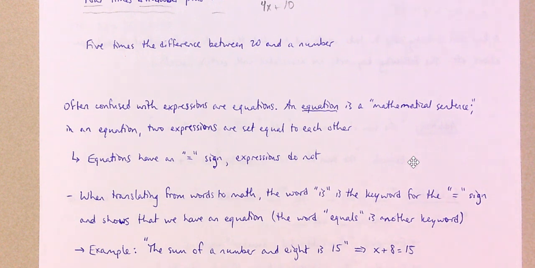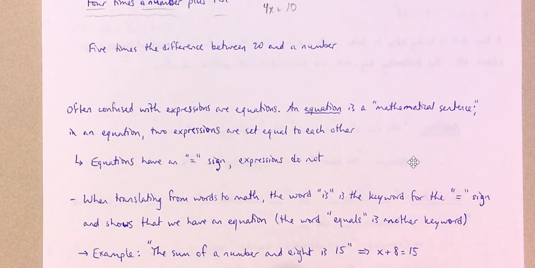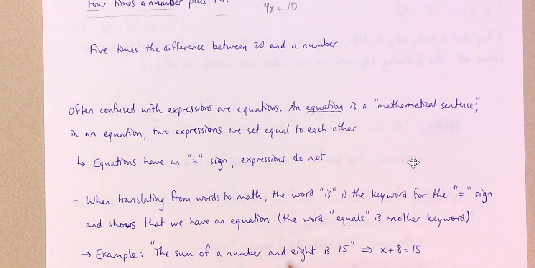You could also see the word equals there, and that's a more obvious cue. Case in point, the sum of a number and 8 is 15, or equals 15. That is saying the same thing, but now in math, as the sum of a number and 8, x plus 8, equals 15.